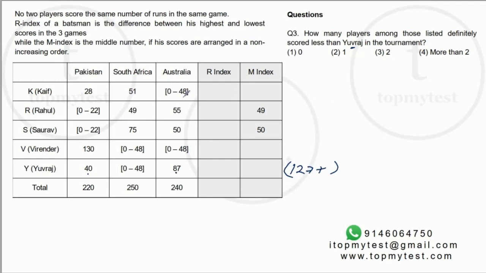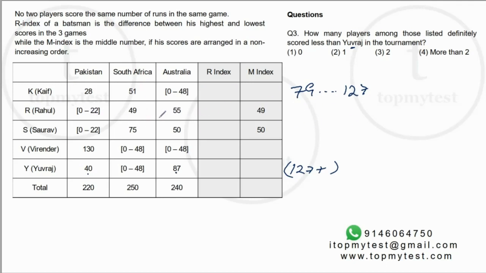Now let's look at Kaif. Kaif's range would be, minimum will be, when this is 0, 51 plus 28 is 79. 79 to 79 plus 48, 127. Alright, 79 to 127. That's Kaif's range. Let's look at Rahul.